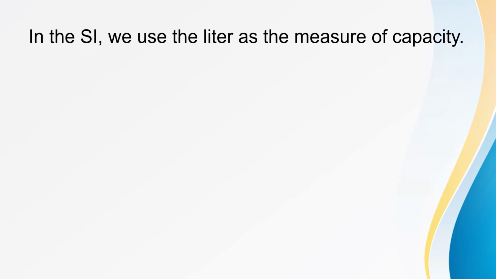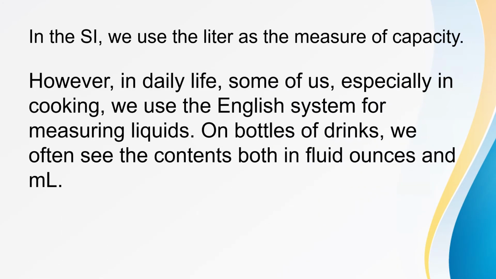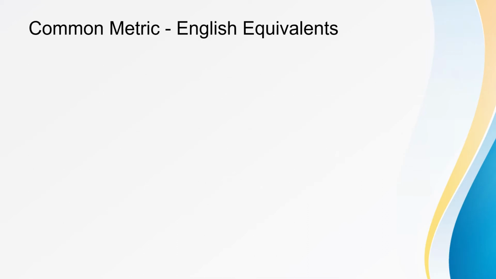Now, in the SI, we use the liter as a measure of capacity. However, in daily life, especially in cooking, we use the English system for measuring liquids. On bottles of drinks, we often see the contents in liquid ounces and ml.